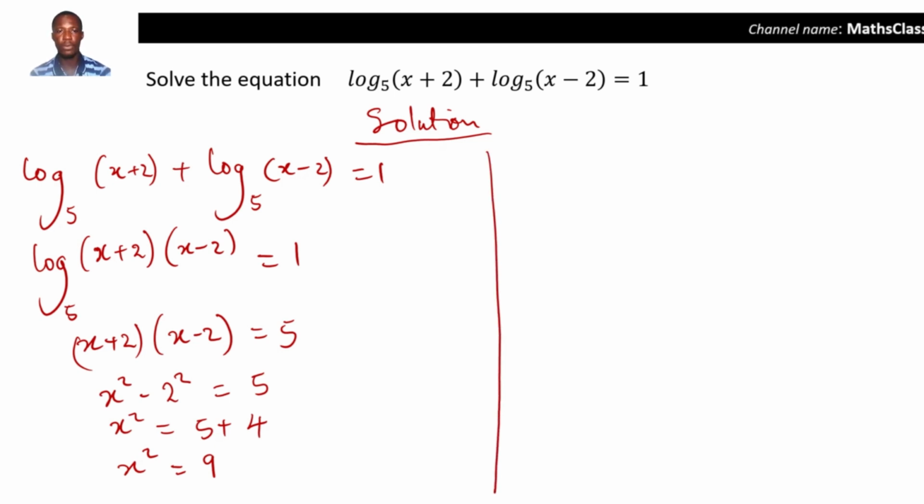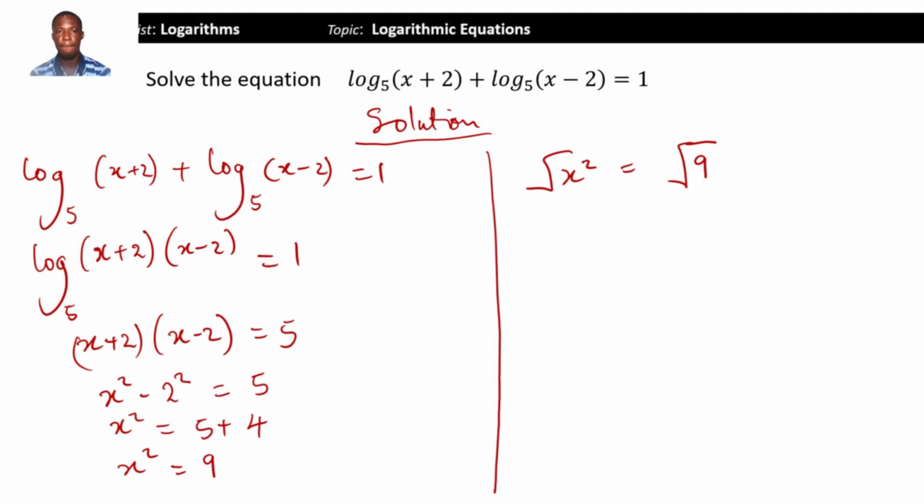So I find the square root of both sides, and I have root of x squared is equal to root of 9. I'm limiting myself to the positive because a negative value will not be appropriate.